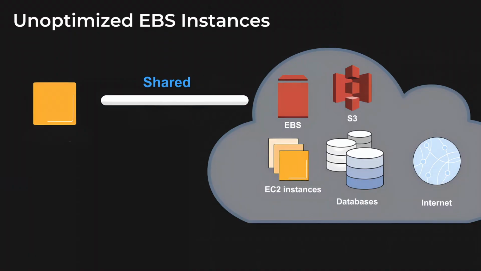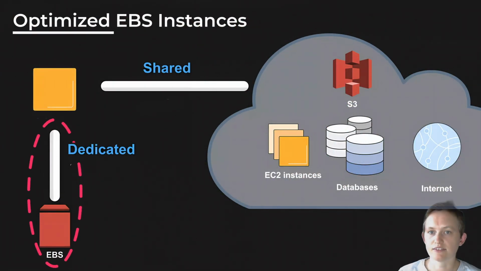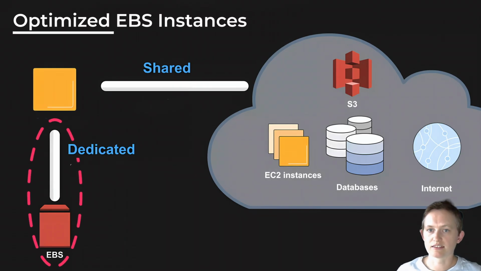Previous generation instances, some of them are not EBS optimized, so they're going to share network bandwidth between EBS and other tasks, and this can lead to performance issues if the network is being heavily used. So EBS optimized instances have dedicated bandwidth for EBS traffic, and this is separate from the instance network bandwidth. So they offer consistent and high performance by separating EBS traffic from other network activities.